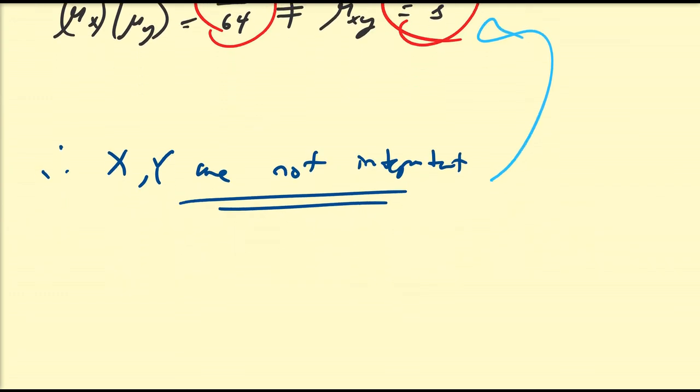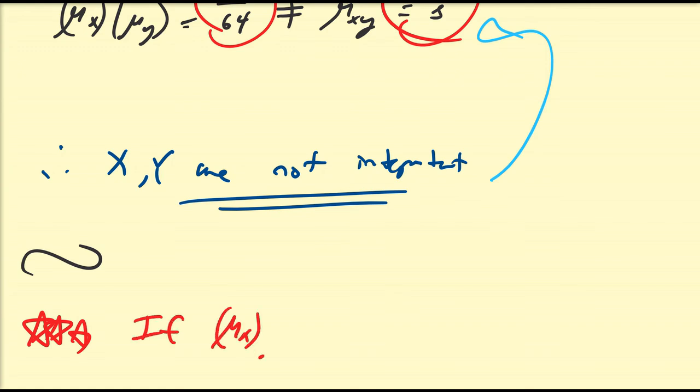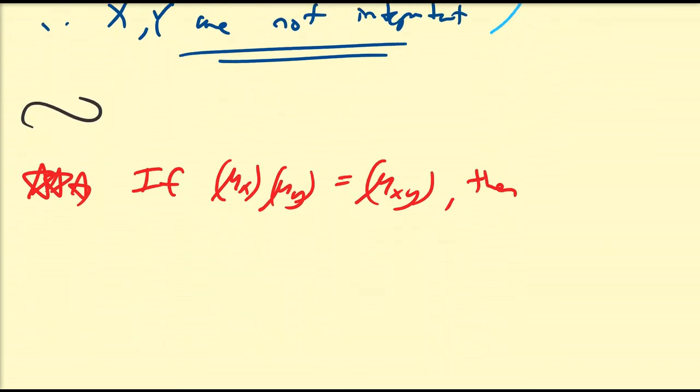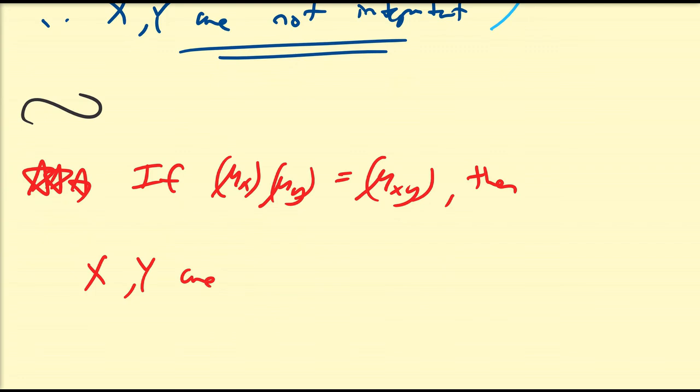But just as a side note, you have to remember that the converse is not necessarily true. So important: if mu x times mu y is equal to mu xy, then x and y are not necessarily independent.